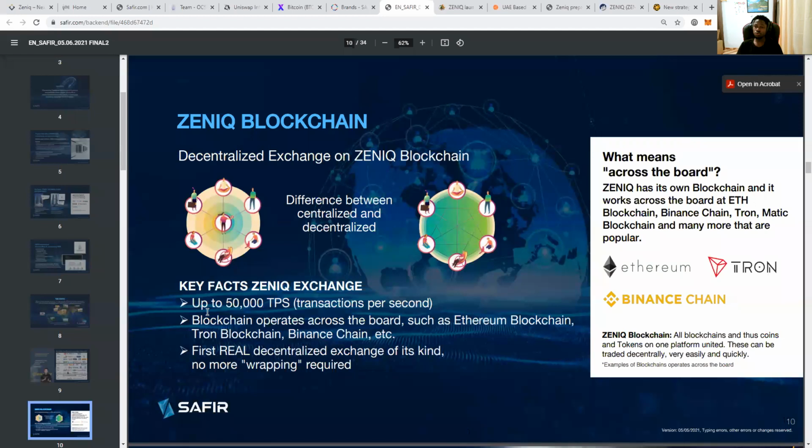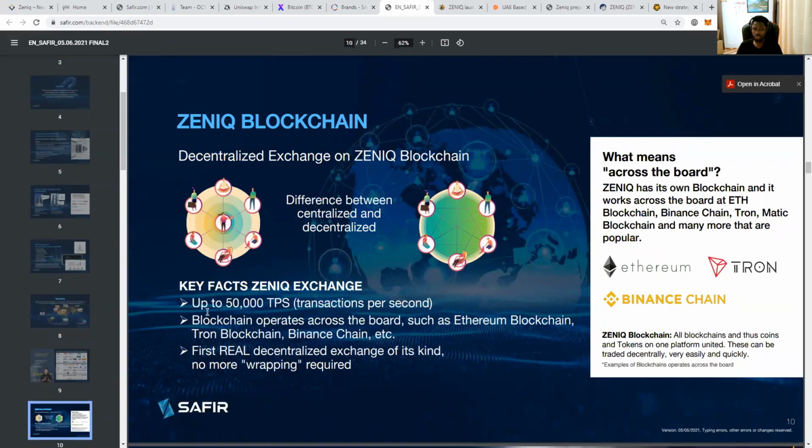If you want to participate in the traditional sense, you don't have time for block confirmations and all of that. And this blockchain is as fast as it could be, because when you compare the existing blockchains, the highest with respect to transactions per second is Tron, at about 24,000 transactions per second. But Zeniq has more than double of that.